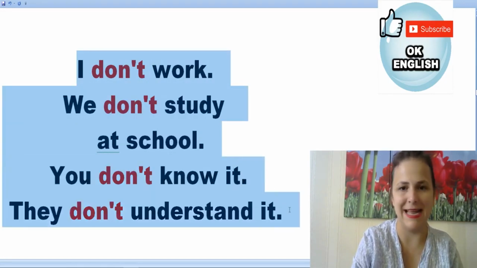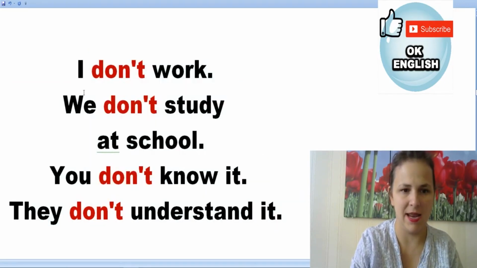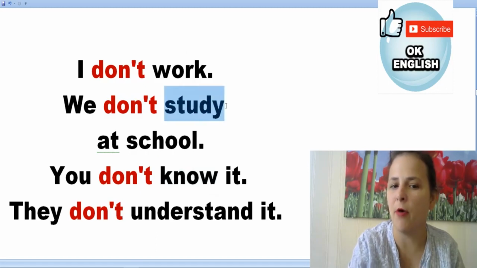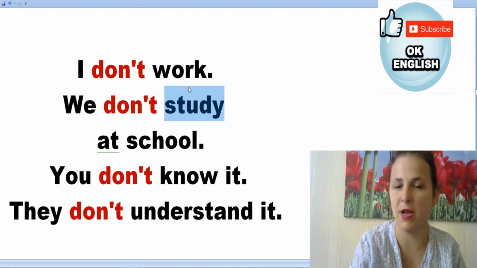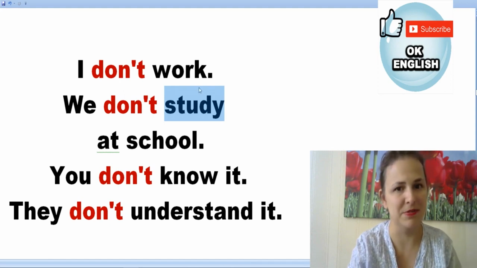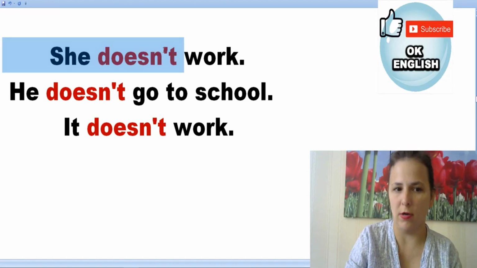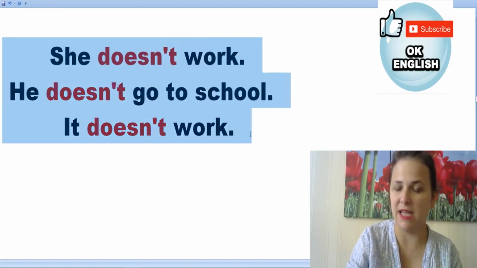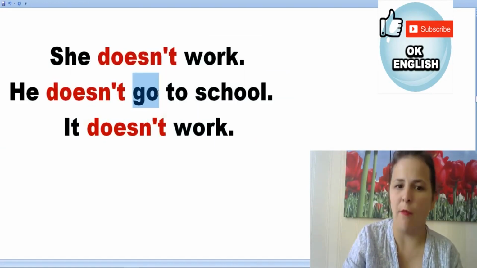They don't understand it. I, we, you, they, plus don't, plus verb without s. It's a negative form in present simple. She doesn't work. He doesn't go to school. It doesn't work. Verb without s.